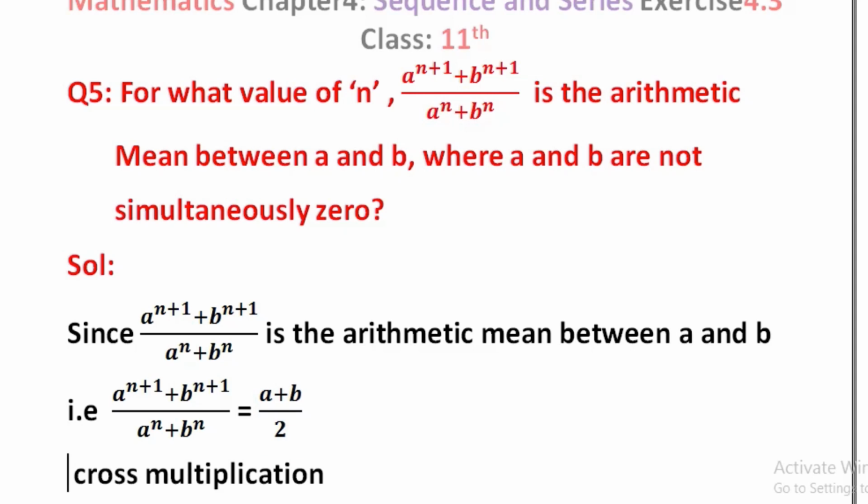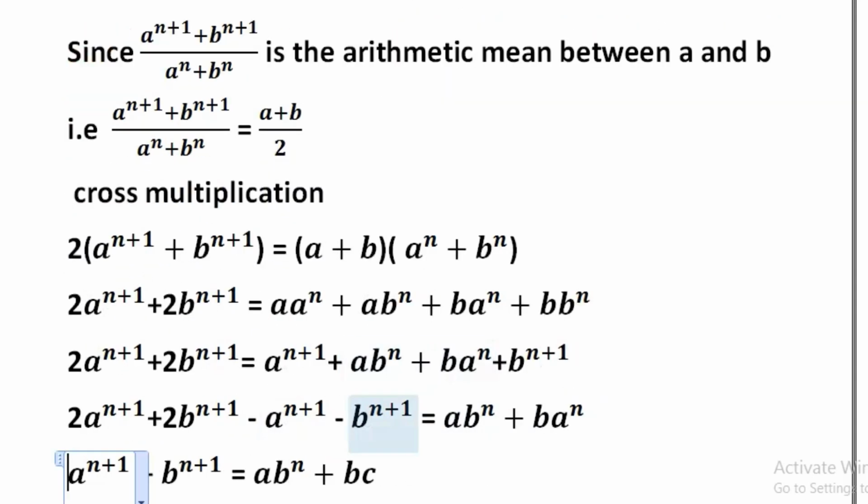By cross multiplication, 2 into a power n plus 1 plus b power n plus 1 is equal to a plus b into a power n plus b power n.